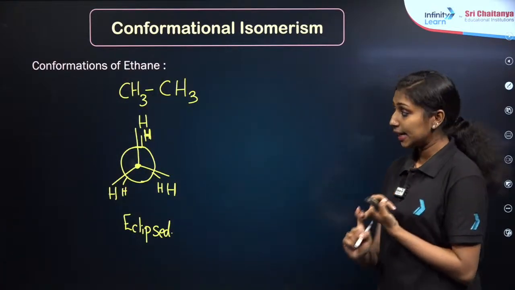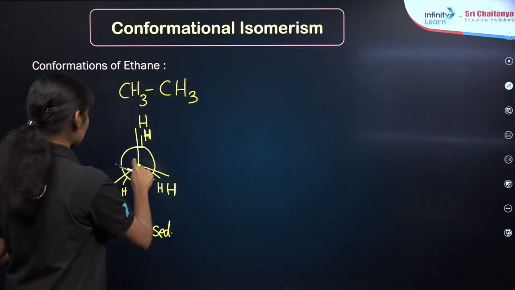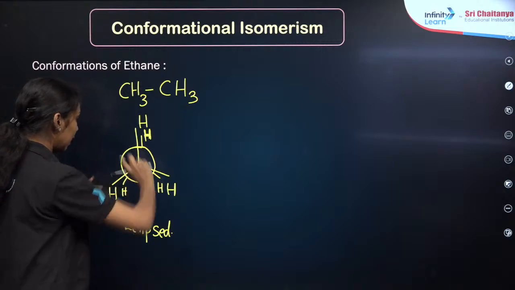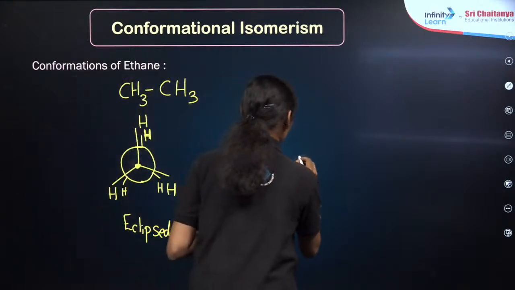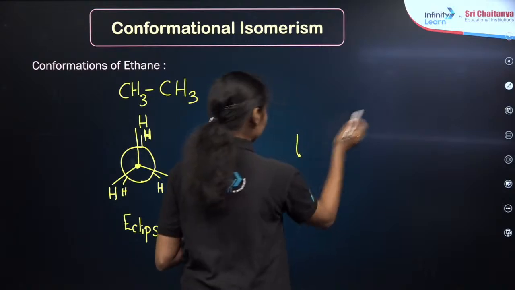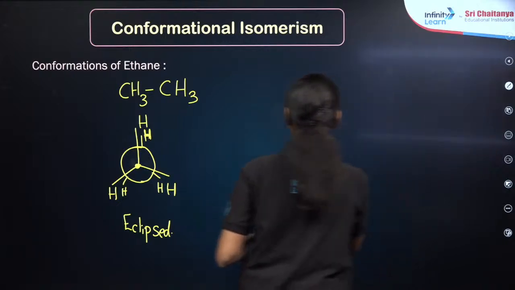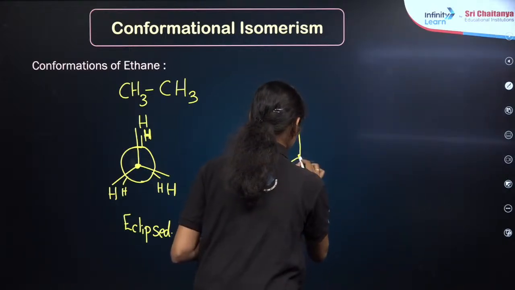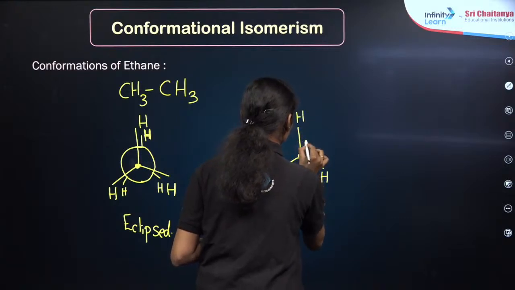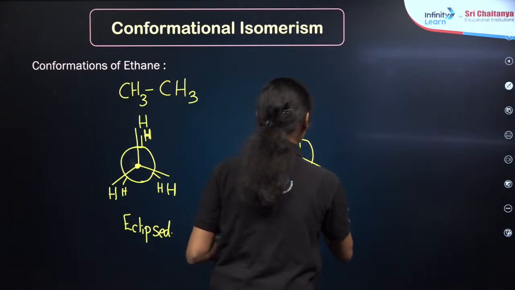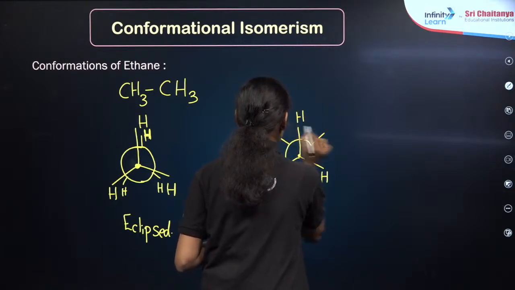Then what will be the staggered conformation of ethane using the Newman projection? This is our first carbon. I am keeping it just like that. Now I am rotating the second carbon. So this is our hydrogen, and this will be our second carbon. While rotating, it will form like this.